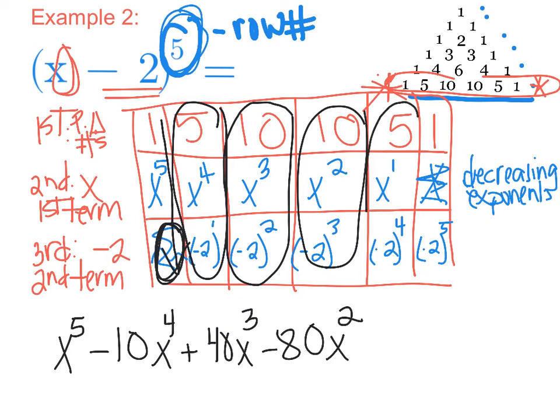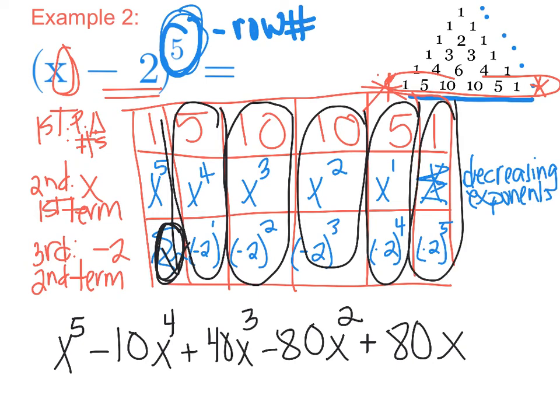Then we have 5 times 16 times x, that will be positive 80x. And then our last column will just have negative 2 to the 5th power, so negative 32. And so now we're done.